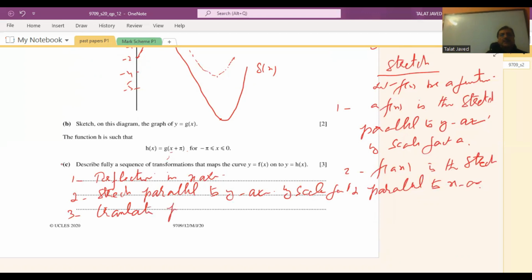Translate parallel to the x-axis by pi in the negative direction, or translate by minus pi. So these are the three transformations.